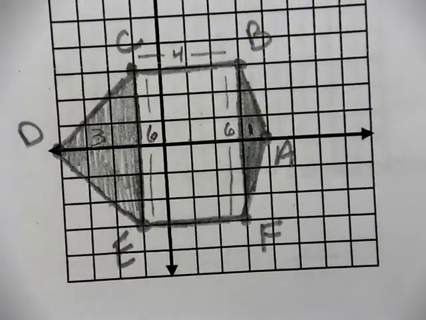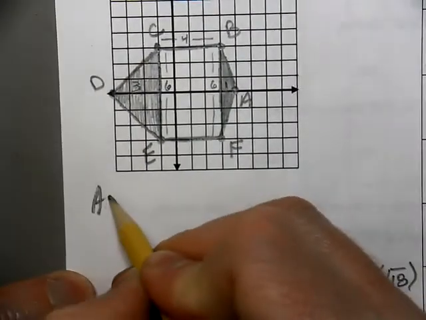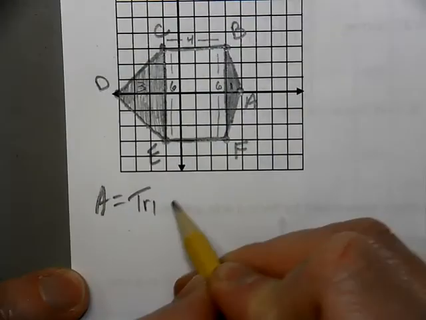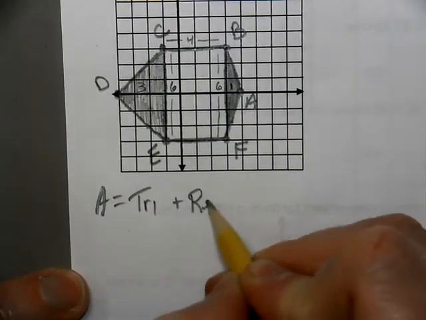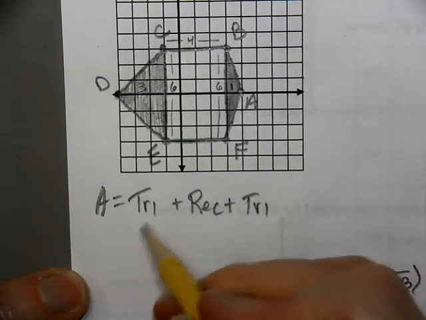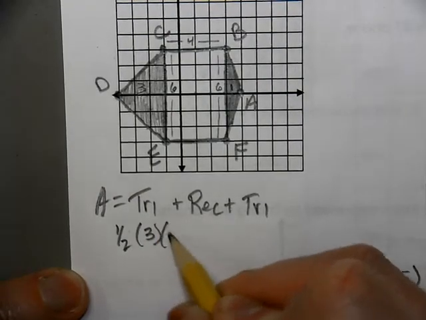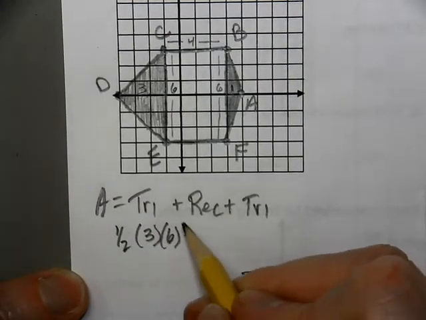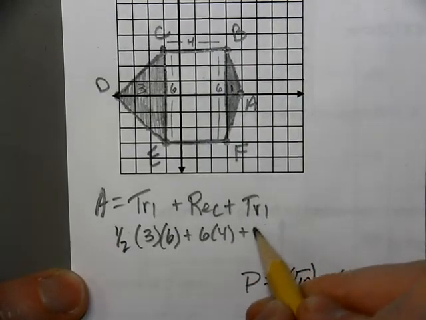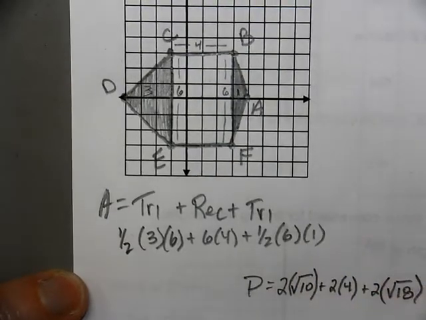So to calculate our area, area is going to equal triangle plus rectangle plus triangle. The triangle is half of 3 times 6. The rectangle is 6 times 4, and the other triangle is half of 6 times 1.